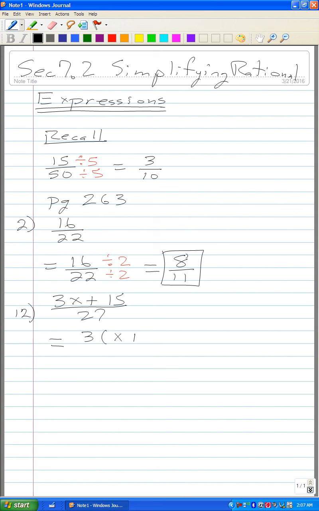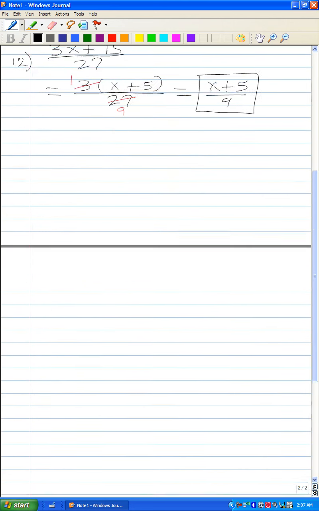So what remains is 3 times the quantity x plus 5 over 27. I can divide both the numerator and denominator by 3. And so you get x plus 5 over 9. And I've simplified that rational expression to lowest terms.